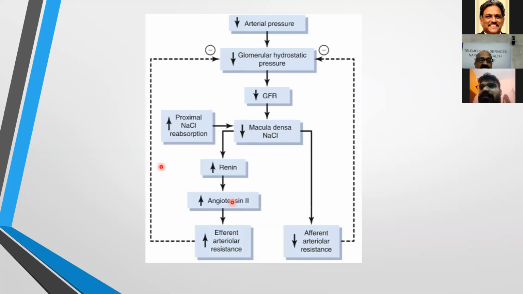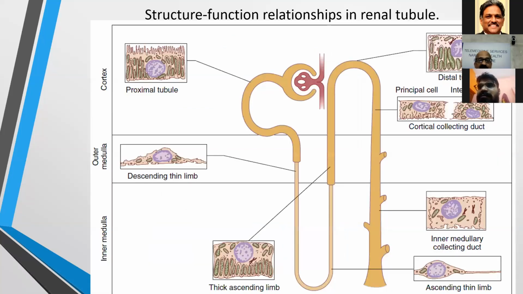This angiotensin 2 has a powerful vasoconstrictive effect, causing an increase in arterial resistance, and hence the glomerular hydrostatic pressure is maintained within the requirement for the body.